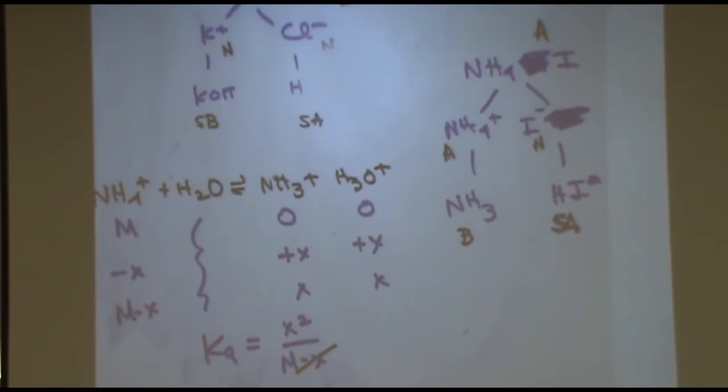You're going to assume that X is small compared to M, which is a good assumption for any weak acid. What is the problem when you try to look up the Ka? On my test, it'll be on the back page. It will not be there because it's a base. Yeah, it only lists the neutrals.